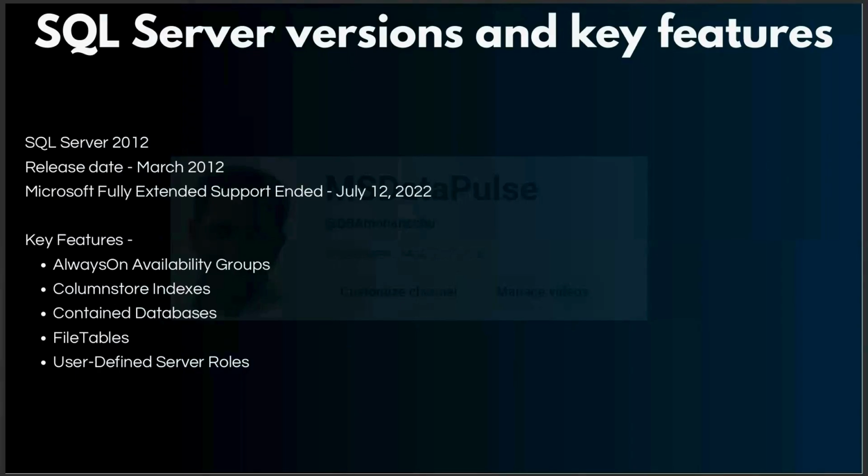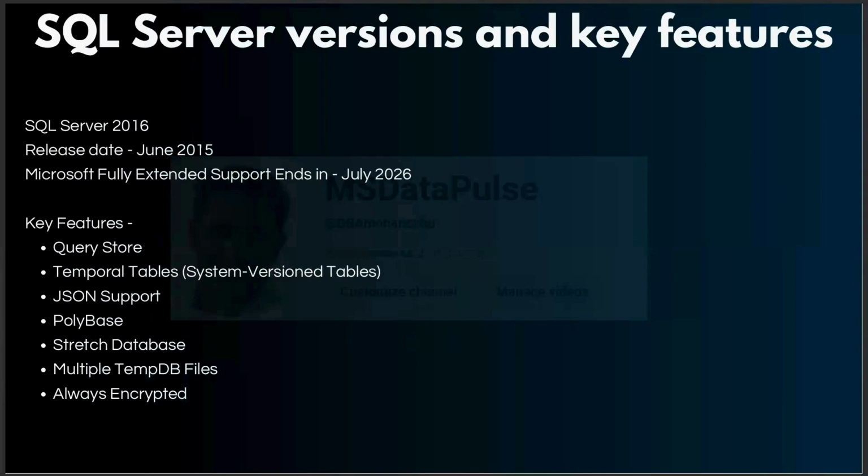Users could not modify the underlying permissions, right? By using user-defined roles, we have granular control. User-defined server roles help implement the principle of least privilege by tailoring permissions to specific needs. It reduces the security risk in multi-user or enterprise environments.